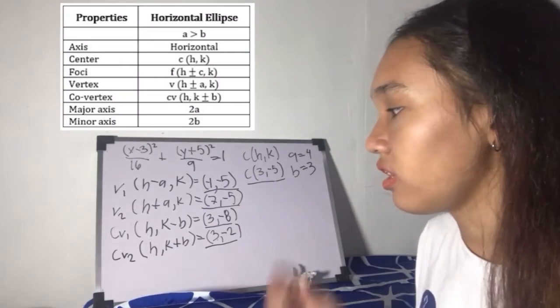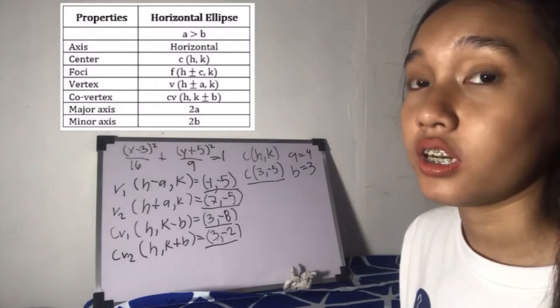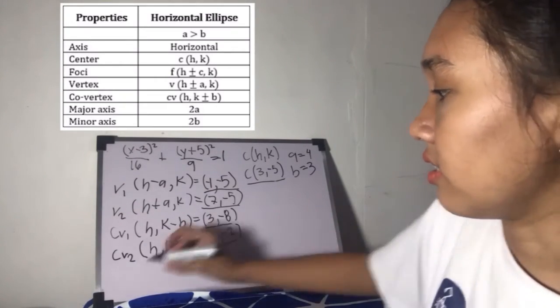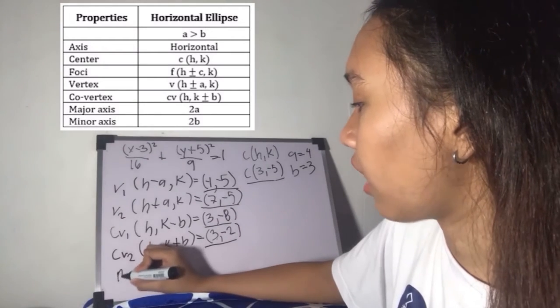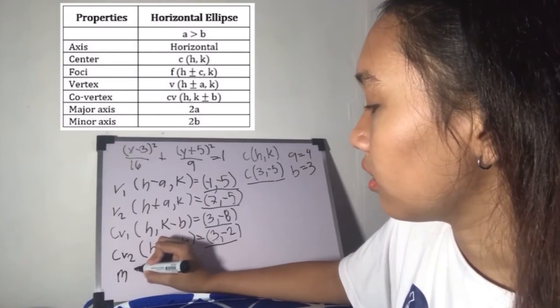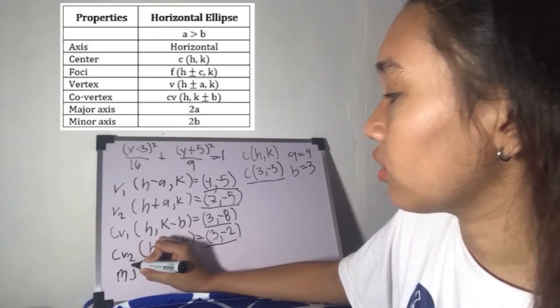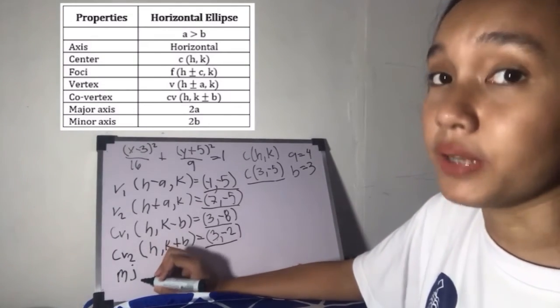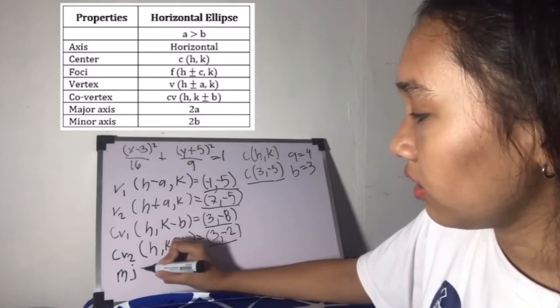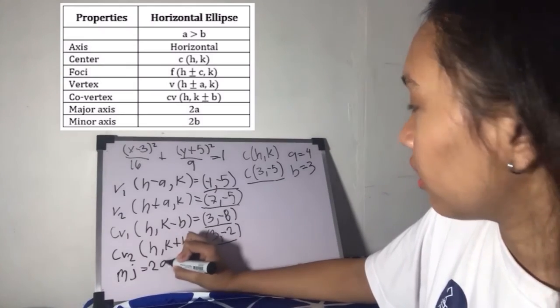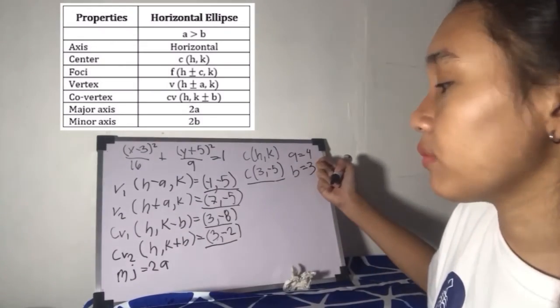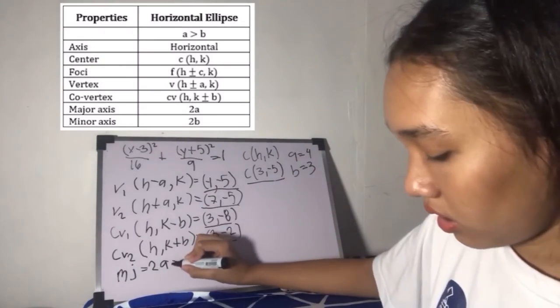And that our major axis, the length of our major axis, let's put MJ for major axis, it is 2a. That means 2 times 4 is equal to 8.